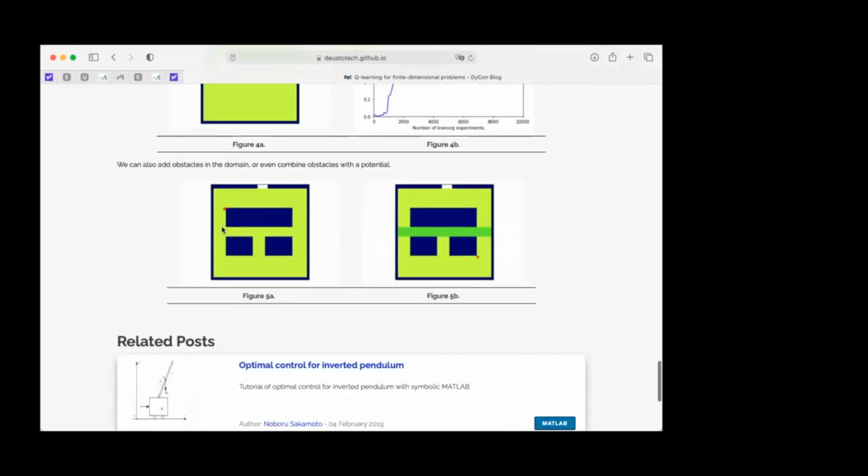Okay, there are several simulations presented. Of course, you can make the problem more complex if you put obstacles inside, which do not allow you to cross, right?